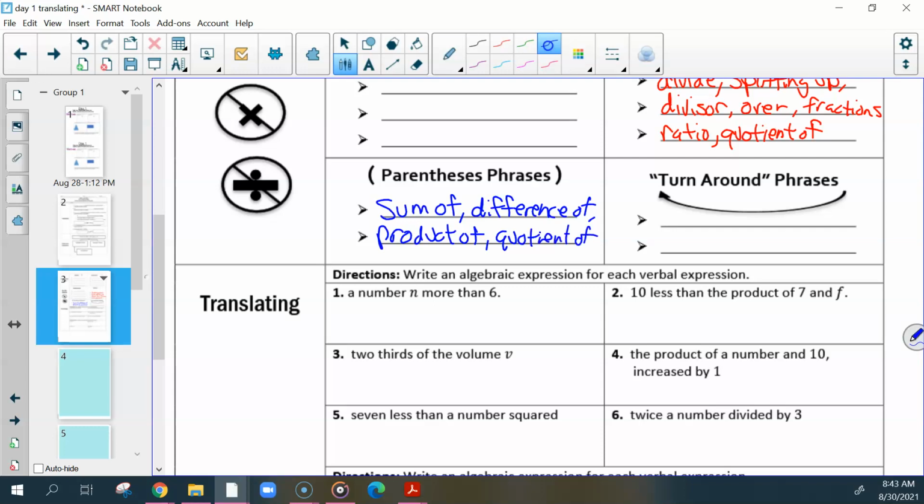Anytime you see those words, you can almost group the next set of words together, like in parentheses. So if I say the sum of, everything after those words, I'm adding together. If I say the difference of, everything after those words, I'm subtracting. Same thing with product and quotient.